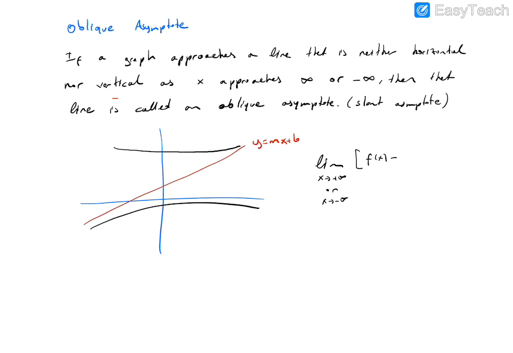Let's show that. This is the difference. So the difference approaches 0. So f of x minus (mx plus b) goes to 0. In this case, y equals mx plus b is an oblique asymptote.